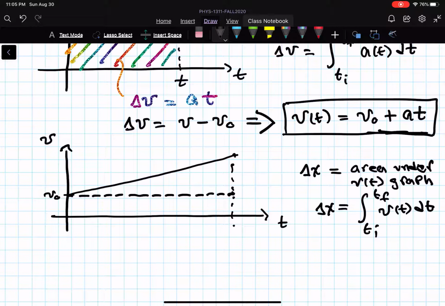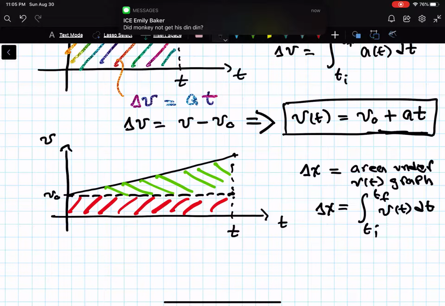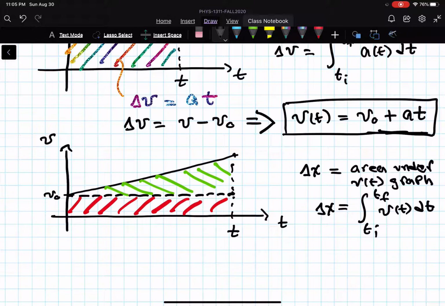Let's say this is a final time t, and now I've got this area here that I want, and I've also got this area here that I want. And at this final t, my velocity is, let's say v, my final velocity.